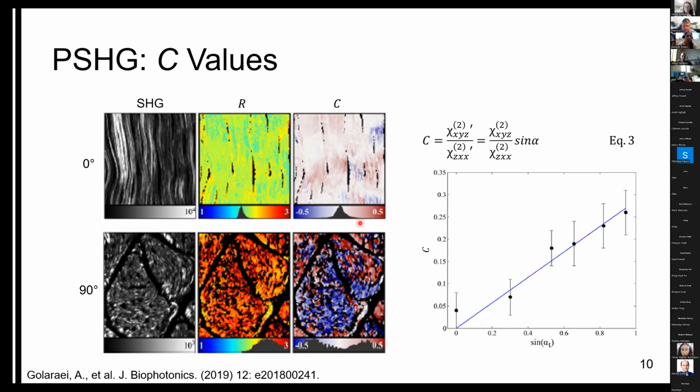But as alpha increases to 90 degrees, we now see two separate peaks, one around the negative C region and one around the positive C region, indicating that some of these fibers are tilted up and down. And so what they did was they found the experiment or the laboratory C value, plotted it as a function of alpha, and was able to obtain their molecular C value using equation 3 seen here.